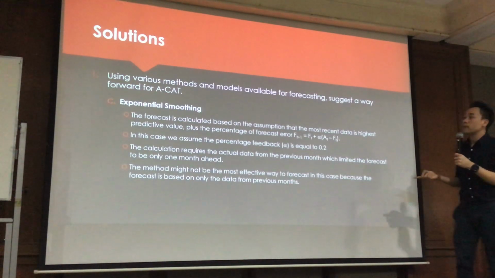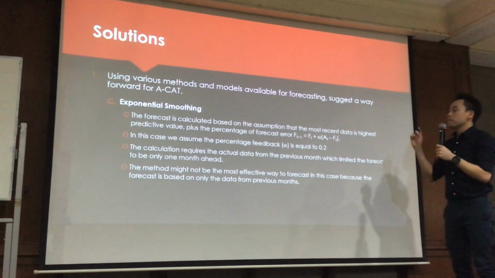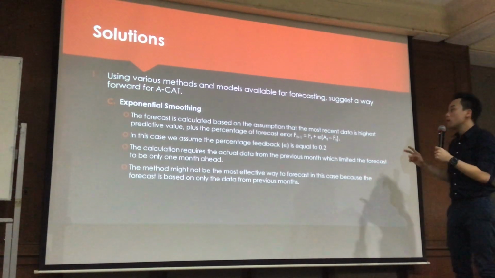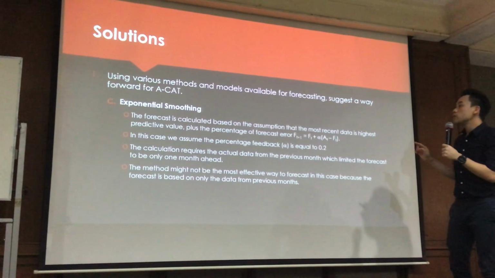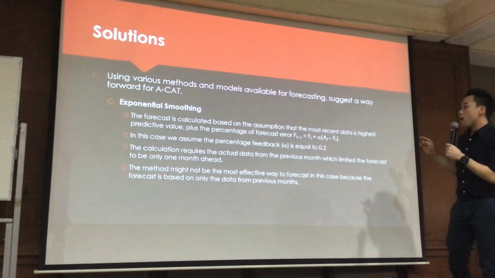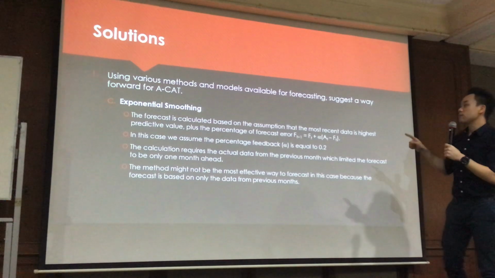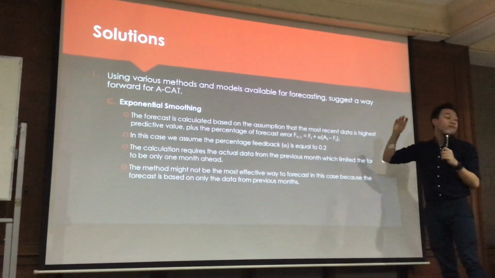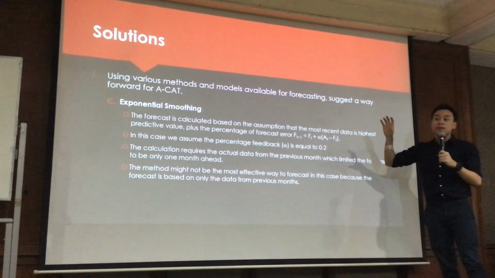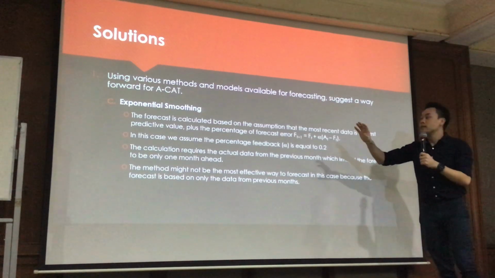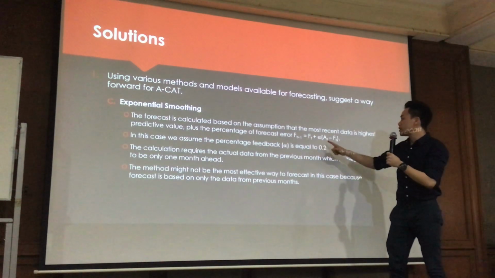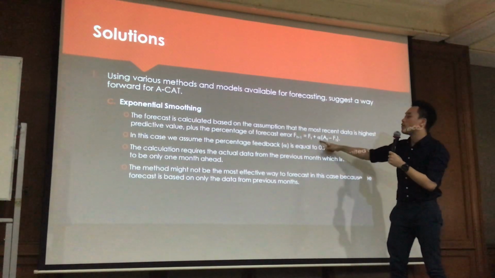Next one is exponential smoothing. I have to say it's kind of similar to the first two methods as well. But in this, we are going to consider the percentage forecast error as well. So we apply the weighted average of the data plus the percentage forecast error, with this number alpha here.